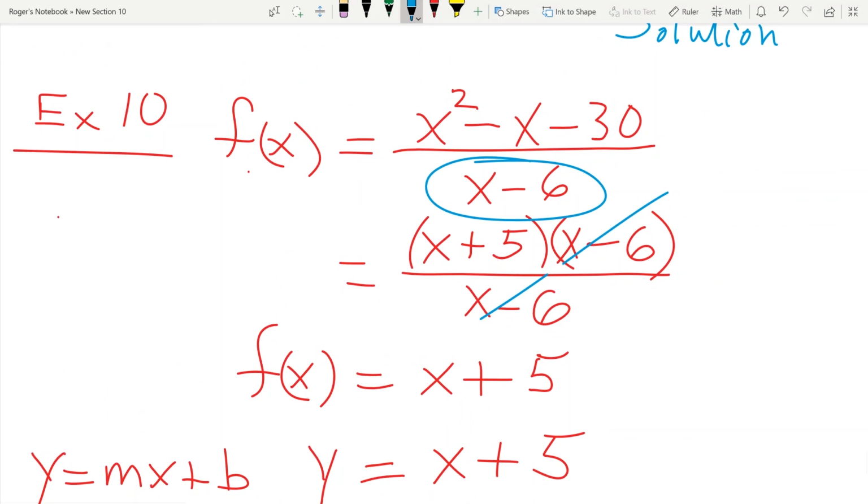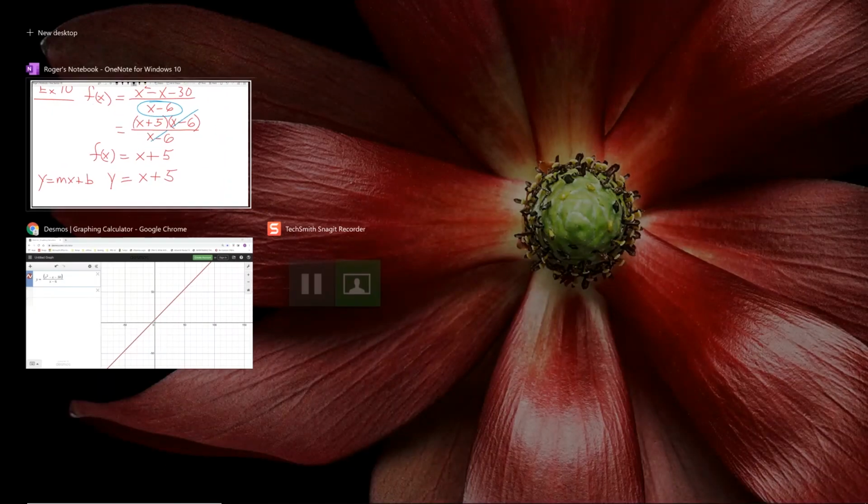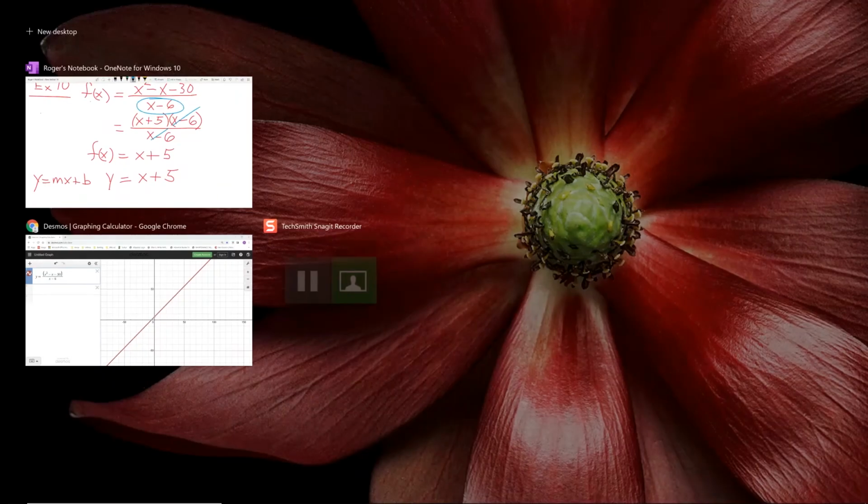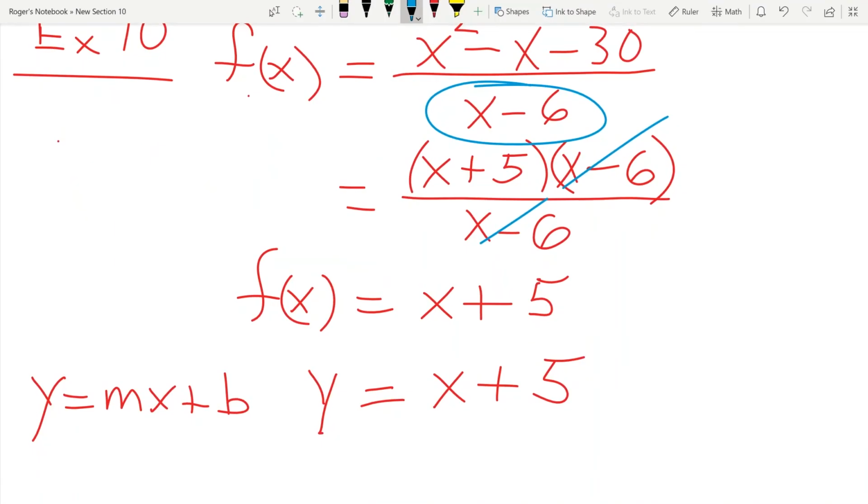We're not allowed to include x equals 6 in the domain because if we had x equal to 6, we would have 0 in the denominator. So even though after cancellation of everything, we have a straight line, y equals x plus 5, we must remember that when x equals 6, we have an undefined situation.